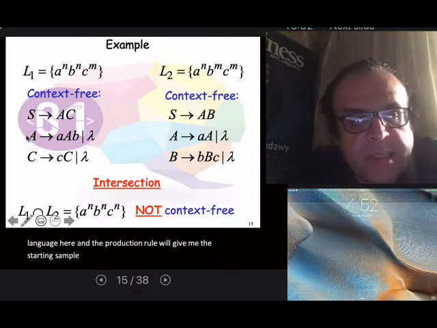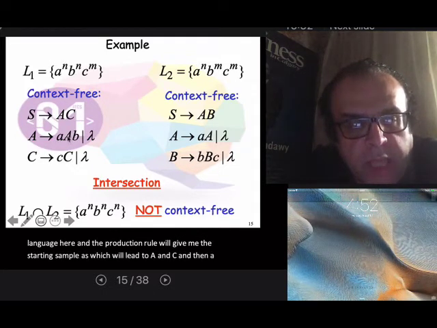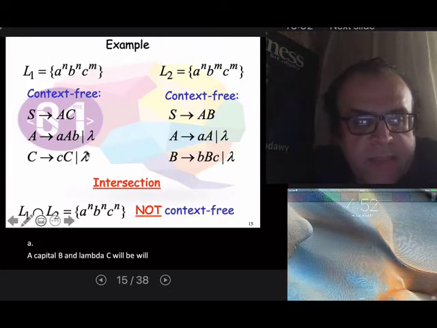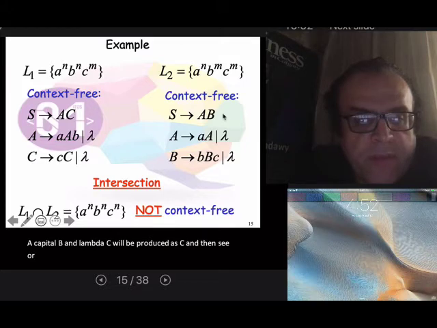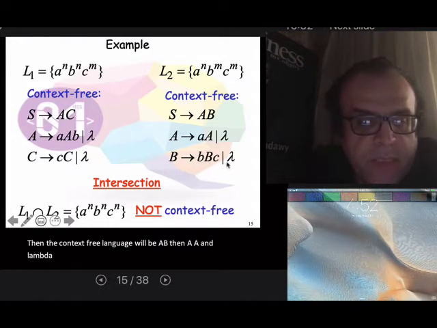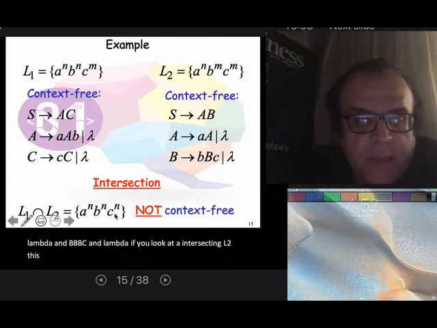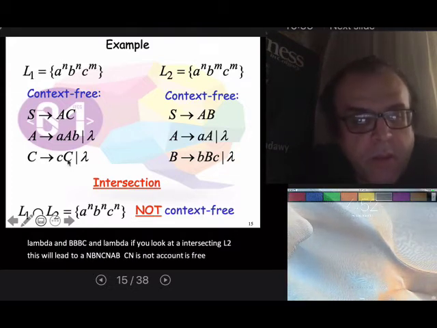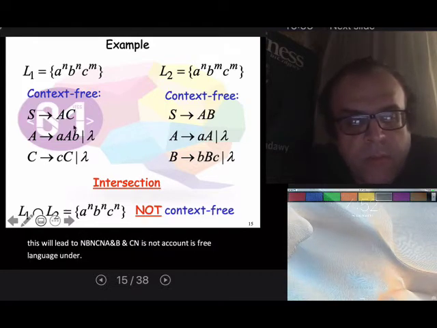So the context-free language here and the production rules give me the starting symbol S, which leads to A and C, and then A goes to aAb or lambda, and C goes to cC or lambda. If you look at L1 intersecting L2, this will lead to a^n b^n c^n. a^n b^n c^n is not a context-free language under this production.